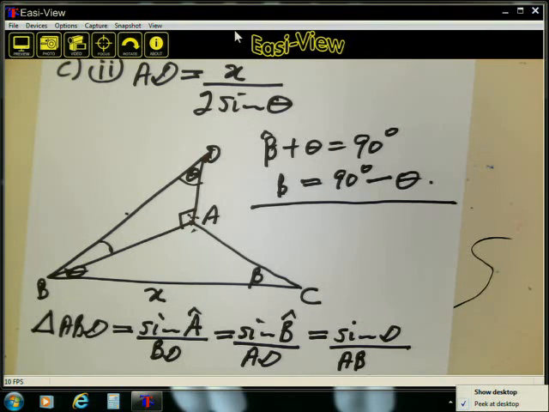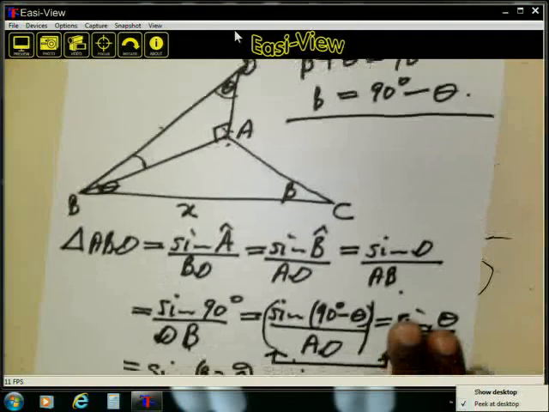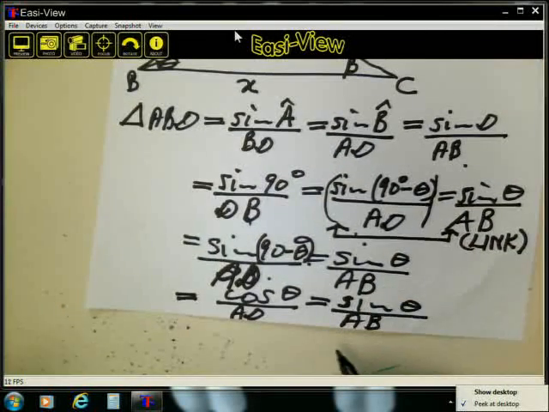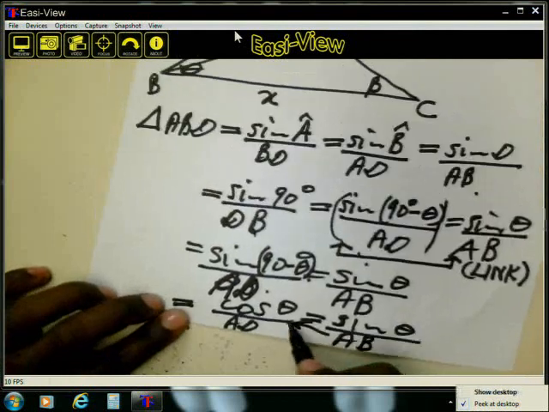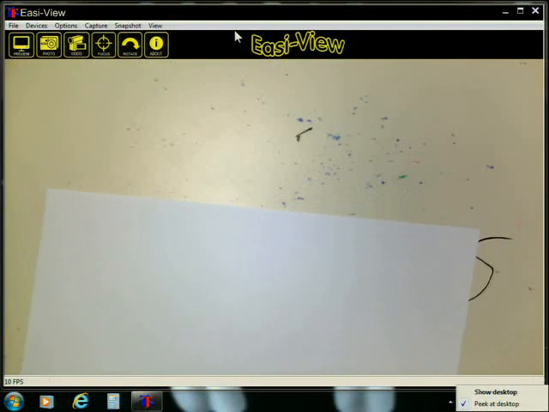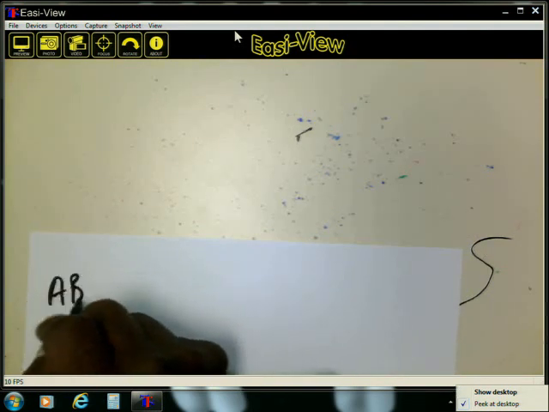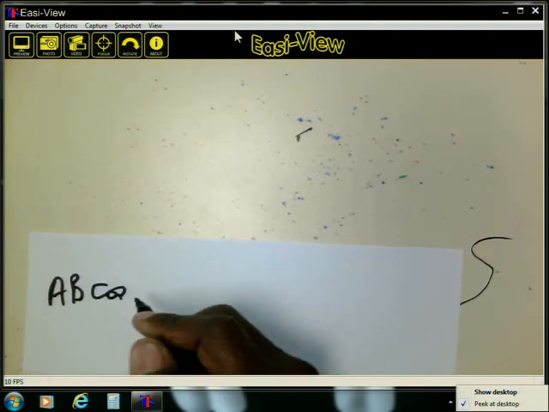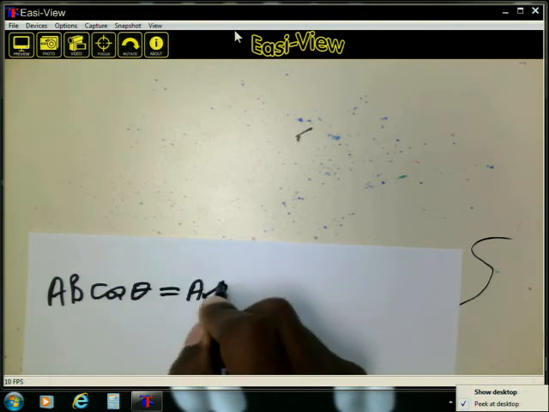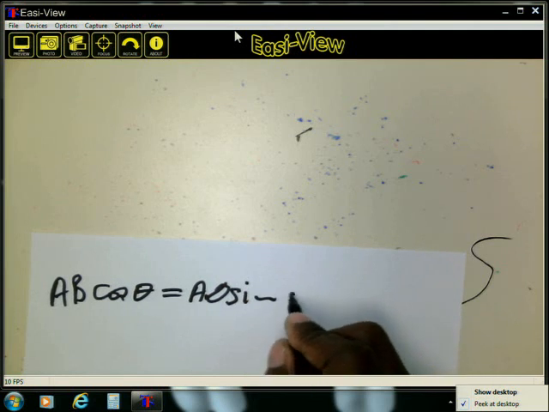We are not done. When we are here, before I use another slide, we cross multiply, and this gives us AB cos theta equals AD sine theta.